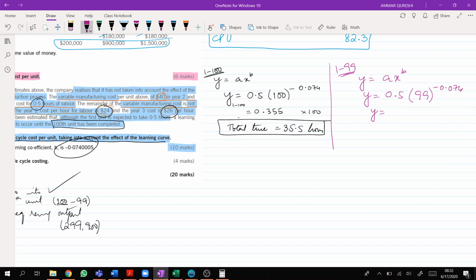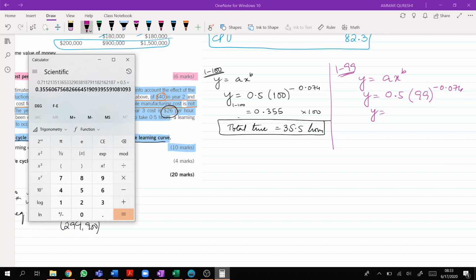So y in this case is equal to what? 99 raised to the power 0.074, right? And we keep it in minus, right?